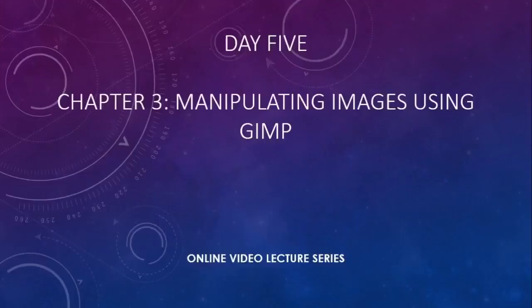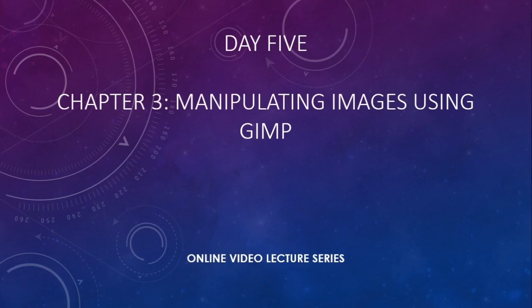Okay, so without wasting our time, let's move on to the practical part of today's session. We are on the fifth day of your chapter 3, manipulating images using GIMP. Yesterday I showed you how to get a more detailed idea about creating an image using GIMP.